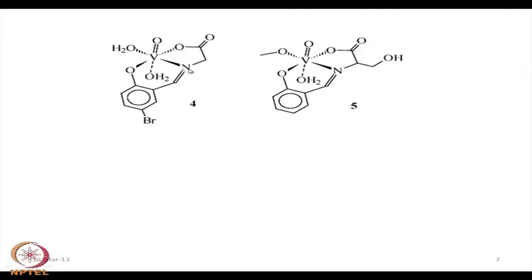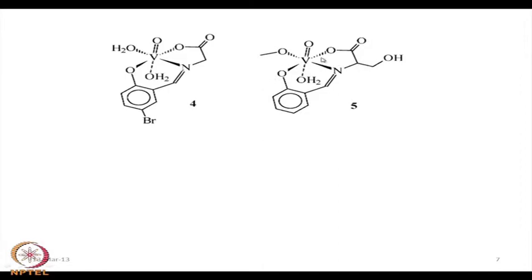So, this amino acid with our salicylaldehyde molecule gives a very good tridentate NO2 type ligand. So, when it is reacting with the vanadium center, it is forming a tridentate capping within this particular plane. This is the meridional plane. So, this NO2 ligand binds this meridional plane, and the other three positions are occupied by two water molecules and one oxygen.